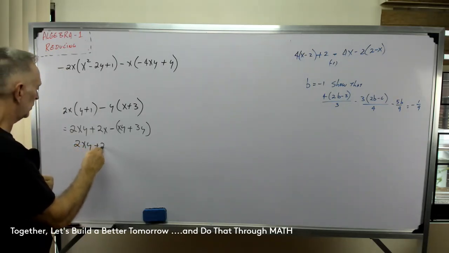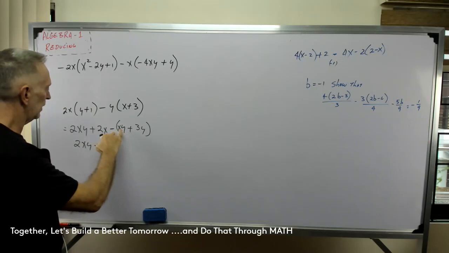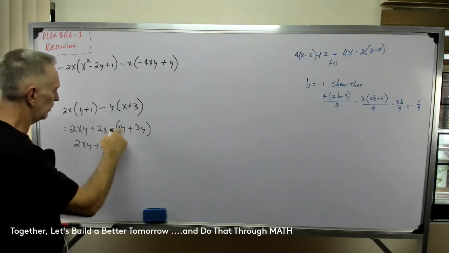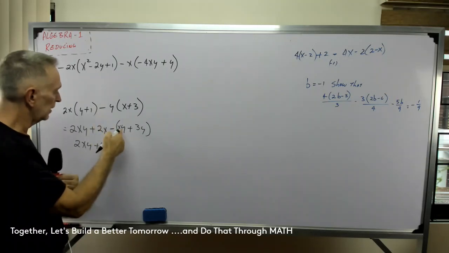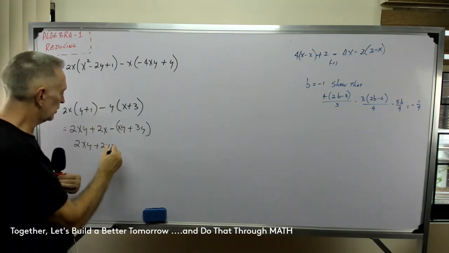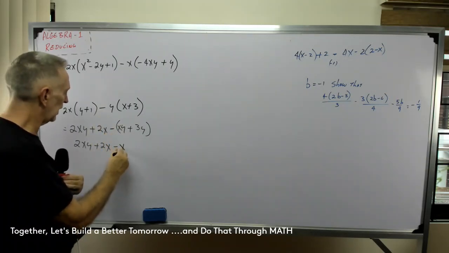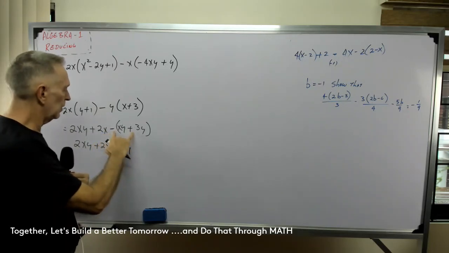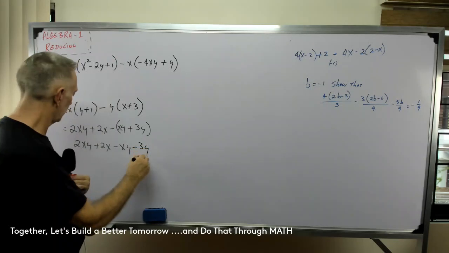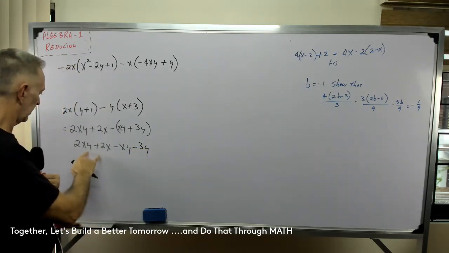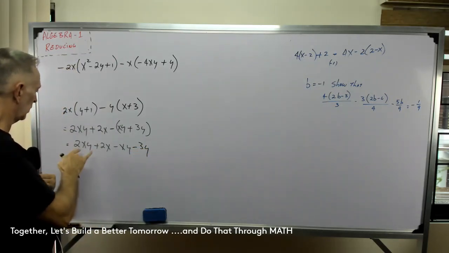So I have 2xy plus 2x minus, and I'm distributing the negative to the inside. So now it's negative 1 basically times x, positive xy, gives me minus xy. A negative 1 times a positive gives me negative 3y. So, okay, I can reduce this one a little farther.